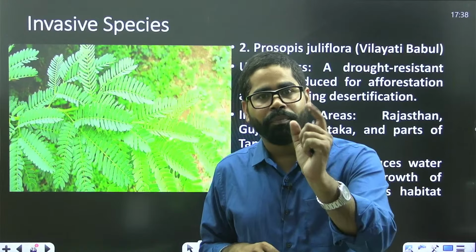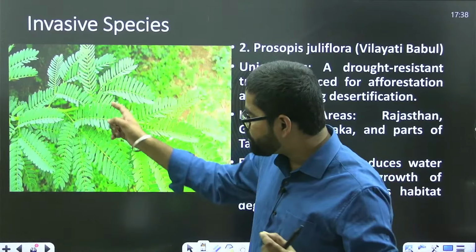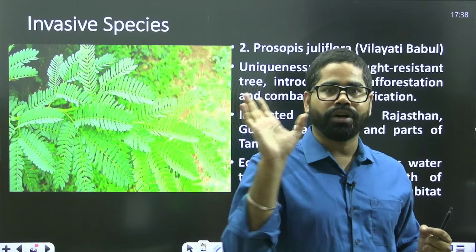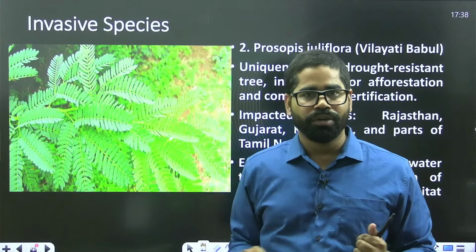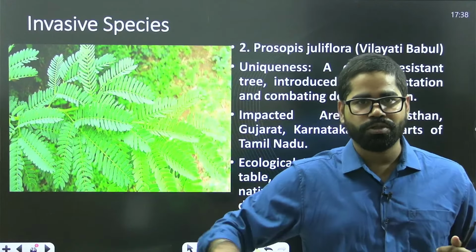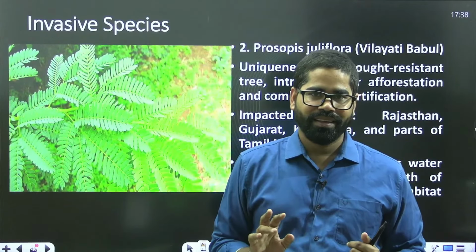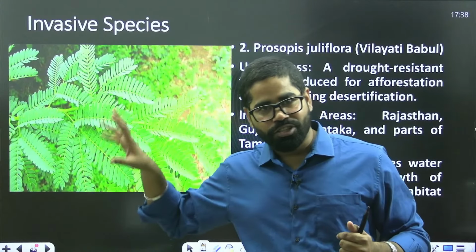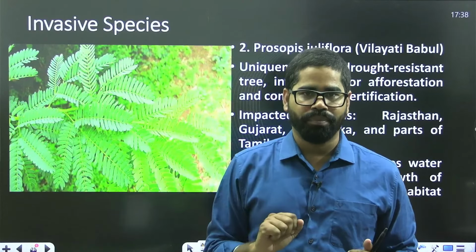Even if one part of the root of this plant is there in the ground, you will find that from there also it will grow up. So from any branch, any seed, any root, this plant can grow up.